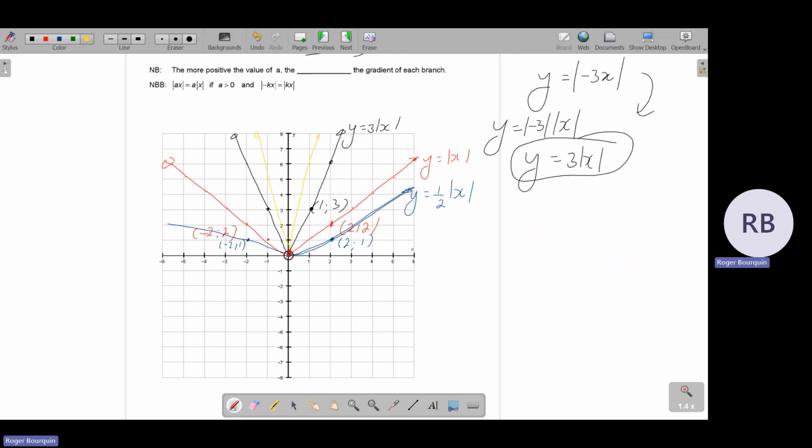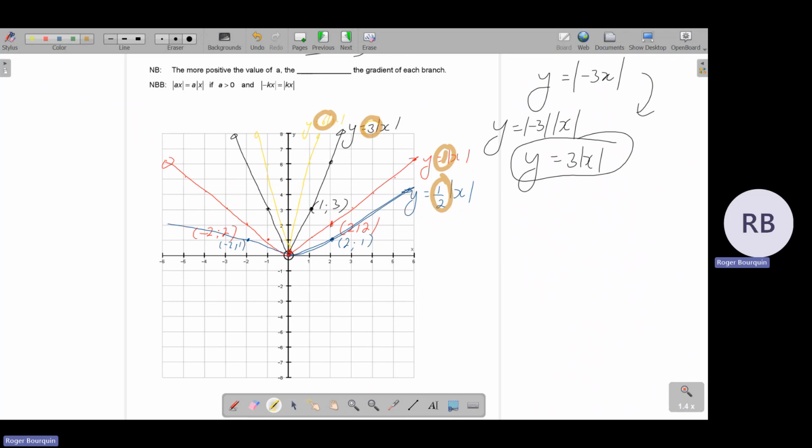So what happens as this number gets bigger? The coefficient of the absolute value was a half here, 1 there, 3 there, 6 there. As the number gets bigger, the gradient gets steeper, you with me? Yes. Similarly with the parabola: 3x squared would be steeper, 6x squared would be steeper, 10x squared would be steeper still, you with me?